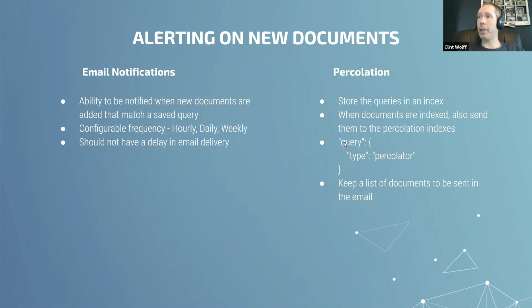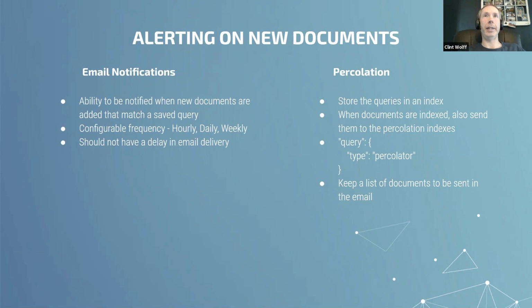It is actually rather easy to configure. When you're setting up your index mappings, you just add this little bit of syntax here, query type percolator. That's where your queries are going to be stored. And then the rest of your mappings are going to mimic your document mappings. So you still need all those mappings, because behind the scenes it basically stores a set of documents in your index, and then there's some magic to figure out which queries it would match.